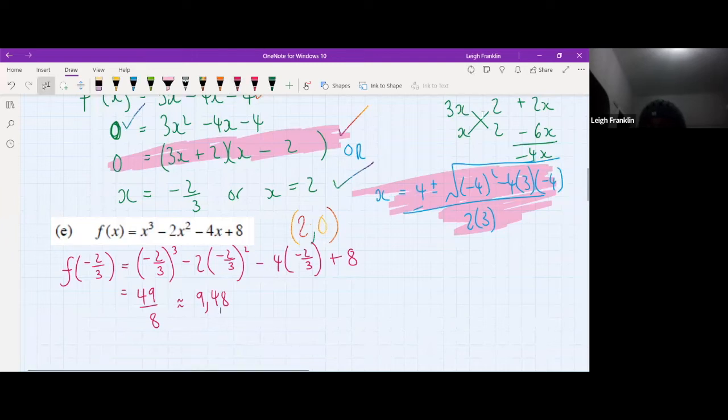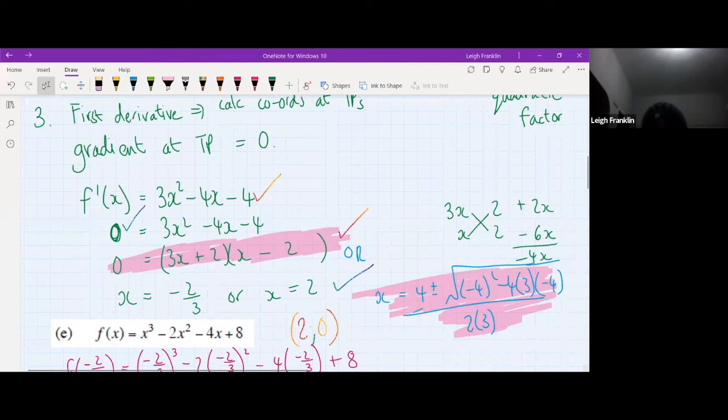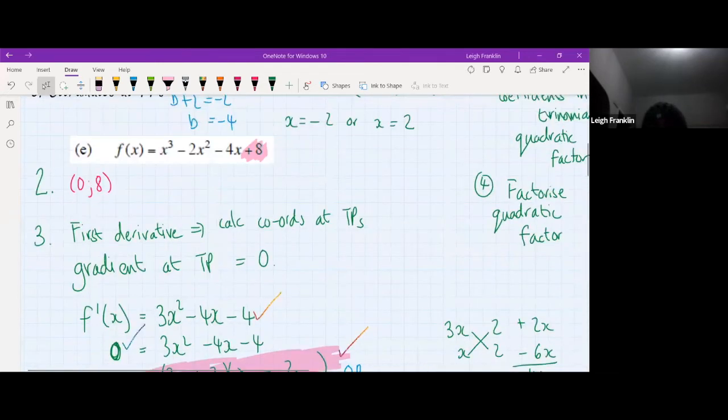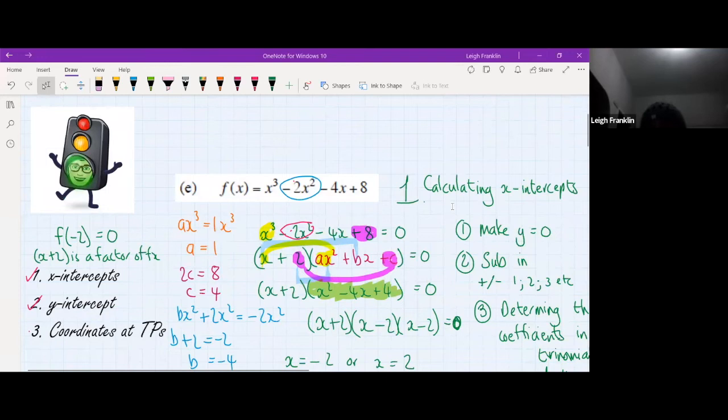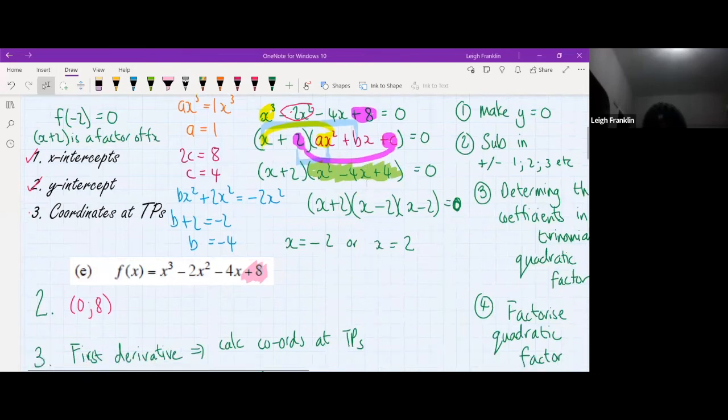Excellent. So if you can do these steps over here, Matrix, these are a lot of marks for you. If they ask you to calculate the x-intercepts and they haven't given you a linear factor, there can be at least 5 marks on this. So if you know how to do this, that's 5 relatively straightforward, easy marks for you.